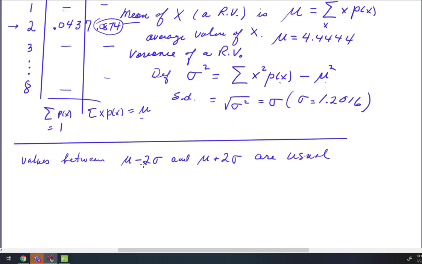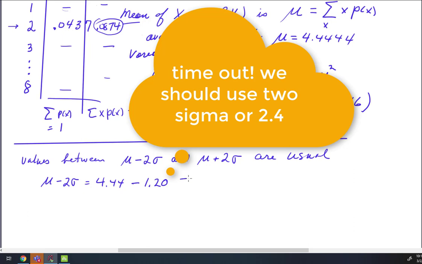but what do we get if we apply that rule of thumb to x? So mu minus 2 sigma for the x would be 4.44 minus 1.20, it actually was.